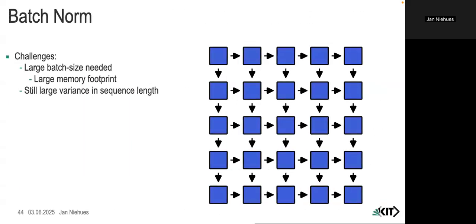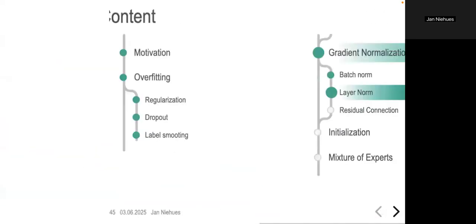Furthermore, if you have the network rolled out for a longer sequence, it works on the up-down axis, but nothing happens in the XYZ direction. So you might still have a lot of variance there for different inputs.